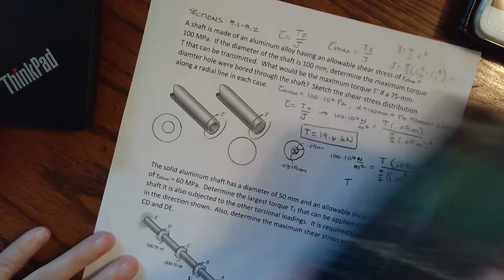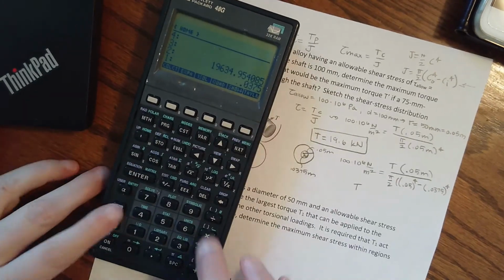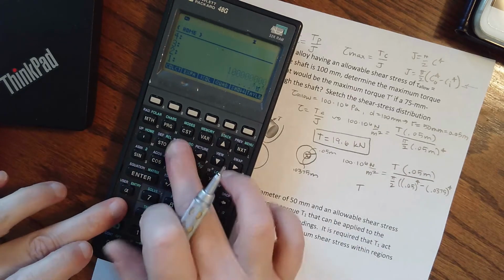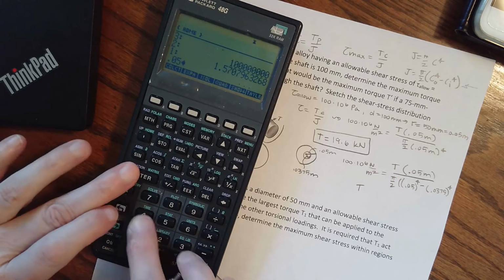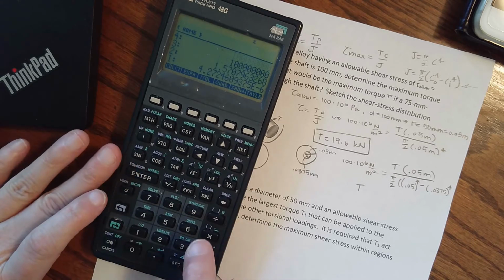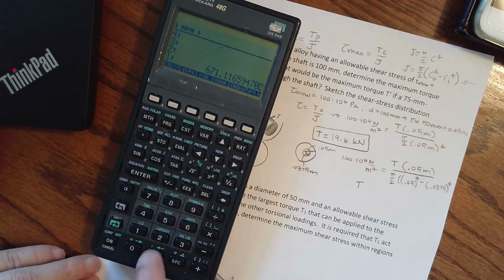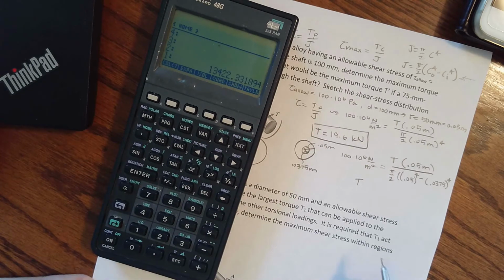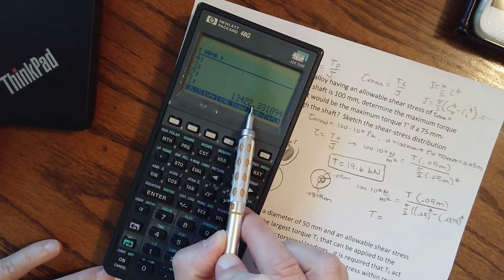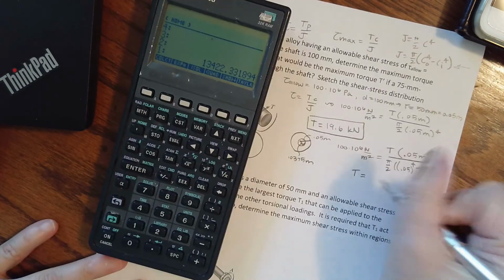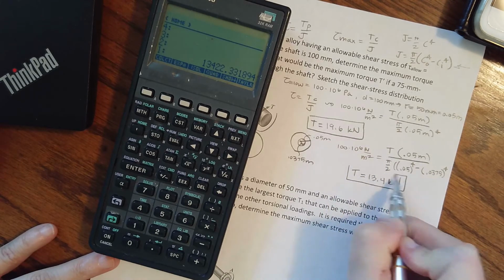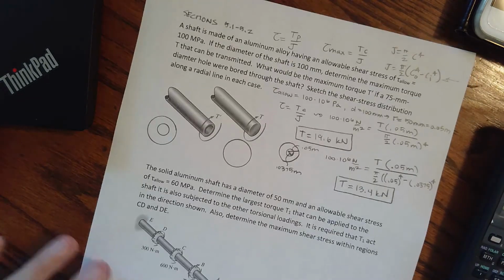And this time we calculate the torque. I'm going to have 100 e to the sixth, pi over 2, times 0.05 to the fourth minus 0.0375 to the fourth, and then divided by 0.05, which is my radius. This time the maximum torque that I get is 13,422 newtons. So 13.4 kilonewtons. Okay, so that would be the maximum.